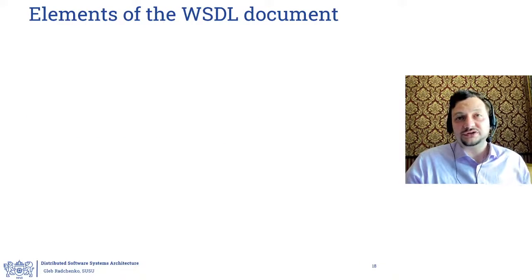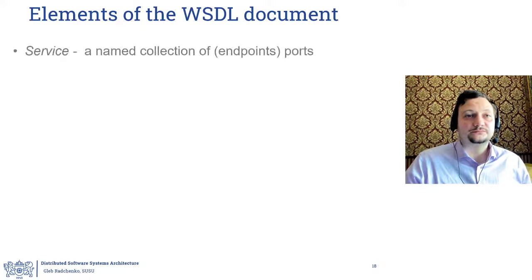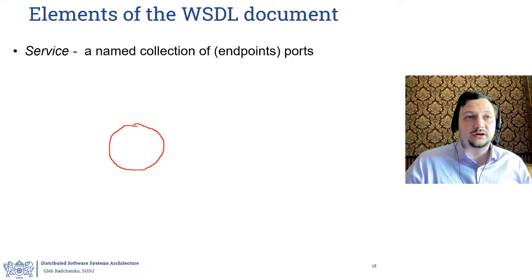So what are the elements of the WSDL document? As you remember, the WSDL document is a description of the web service. On our previous lecture, we described that for our web service, we have the URI where our web service is located.